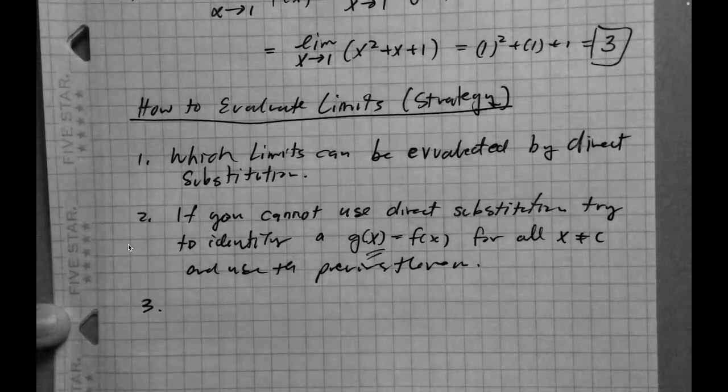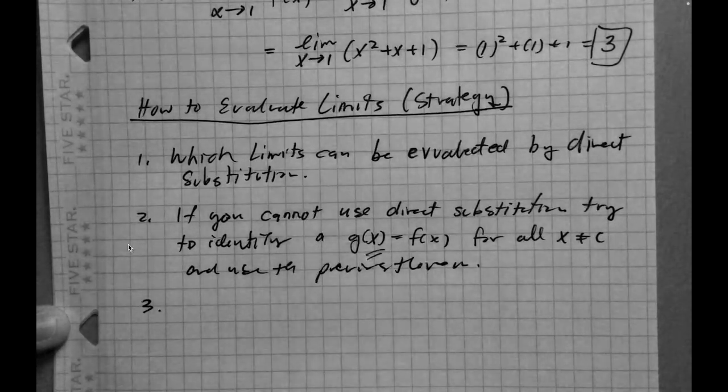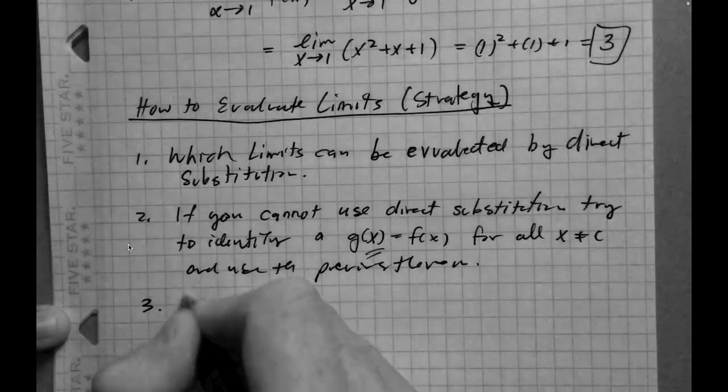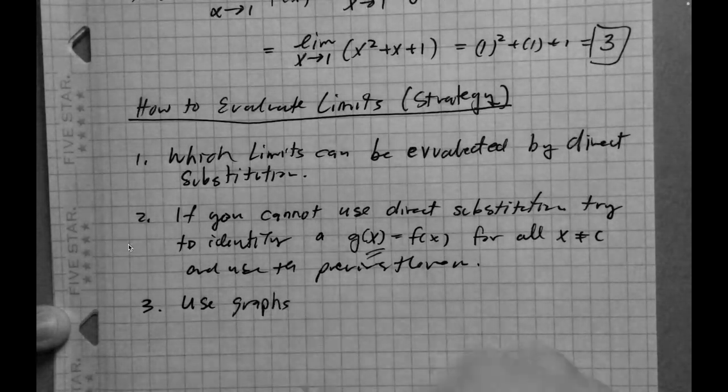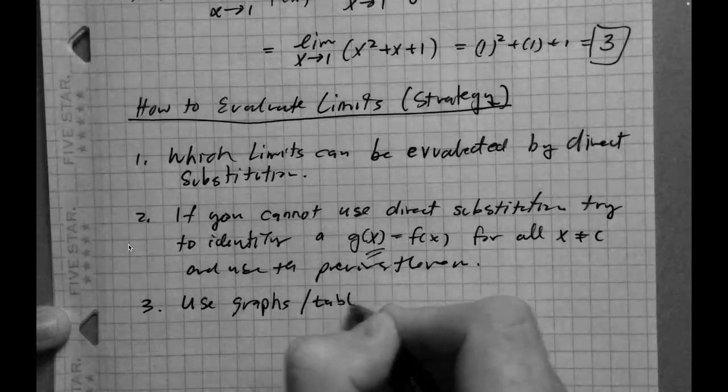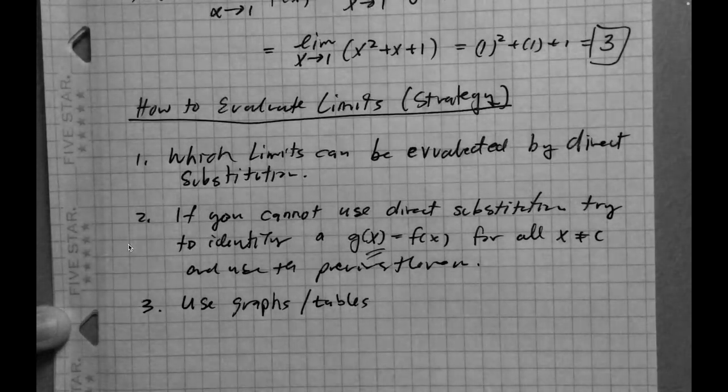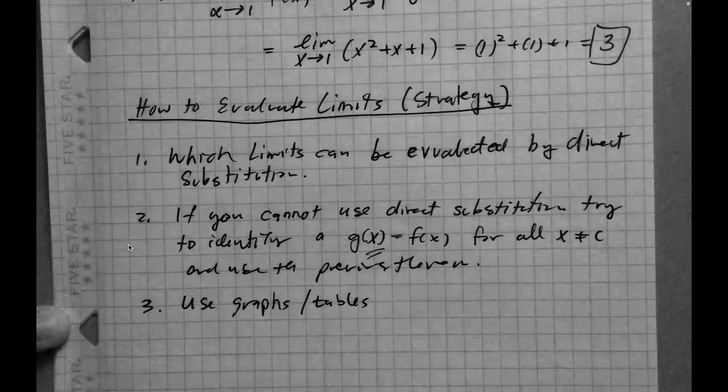And then the third strategy would be, if all of these things break or none of these things work, you could use graphs or visualizations or tables of values to identify the limit numerically.